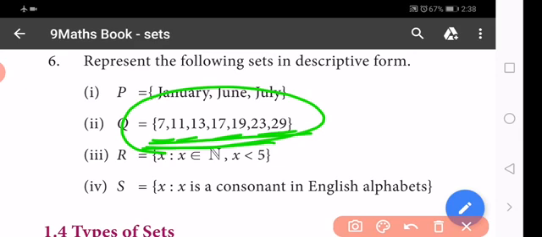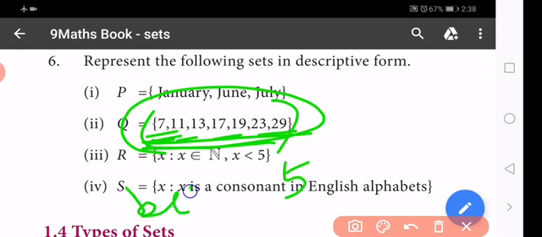Then we use the condition. What is the condition? Which one is the start and which one is the last number? Prime numbers between which one is first and which one is last? Before 7, which is a prime number? 5.